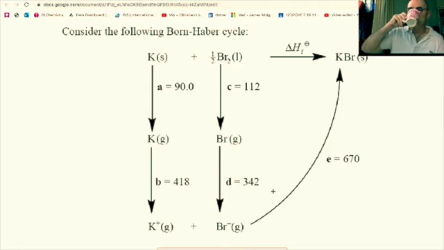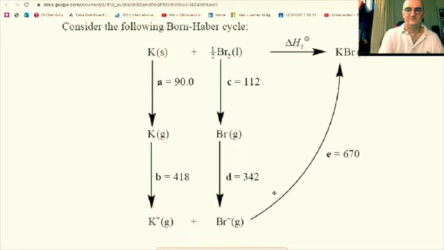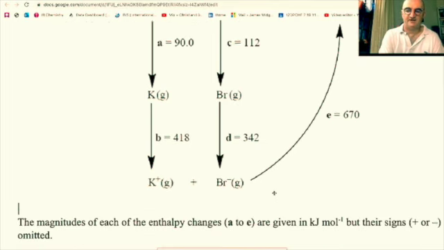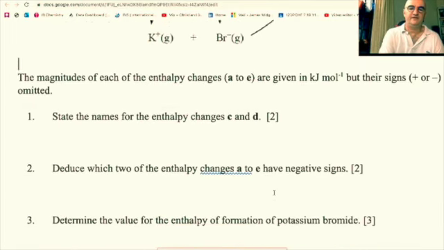So D, electron affinity, was the energy released when 1 mole of gaseous ions gains an electron to become 1 mole of gaseous atoms. Beautiful. And then the E represented the lattice enthalpy of the potassium bromide. Infinite separation, so gaseous ions. Yes. Beautiful. Thank you very much.